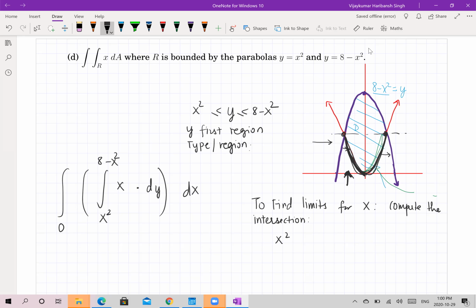So we have x squared equals 8 minus x squared, which gives 2x squared equals 8. This gives x equals plus or minus the square root of 4, which is plus or minus 2. So x changes from minus 2 to 2.